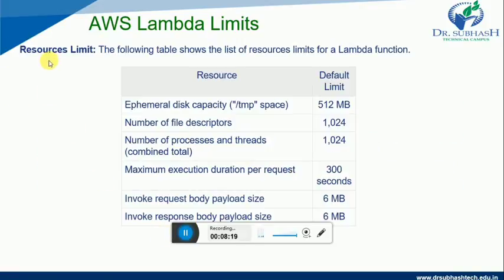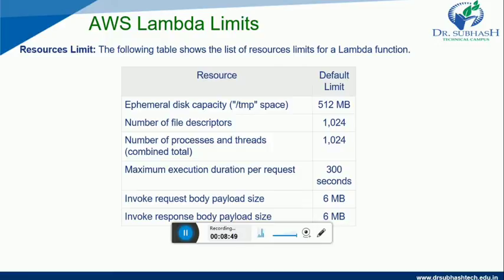Now let us look at another limit of Lambda function, the resource limit. The following table shows the list of resource limits for a Lambda function. We have a list of resources and there are some default limits. The disk capacity for the Lambda function is 512 MB. The number of file descriptors is 1024.